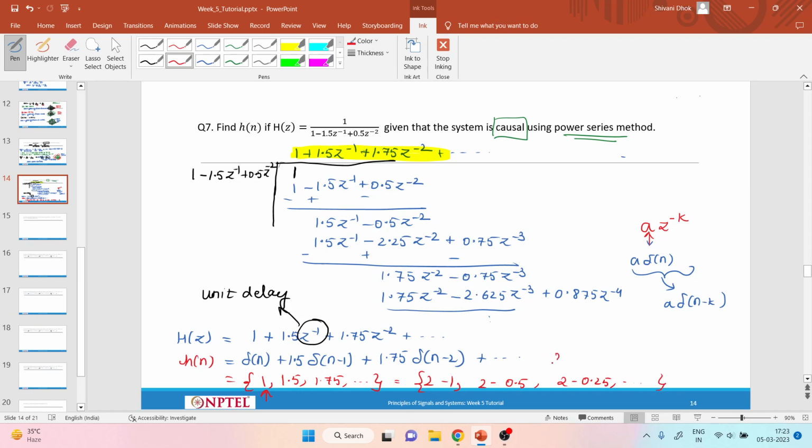So this is simply 2 minus 0.5 to the power 0, this is 2 minus 0.5 power 1, and this is 2 minus 0.5 square. Together I can simply write it as 2 into u of n, since my n is starting from 0, minus 0.5 power n into u of n. It's the same thing.